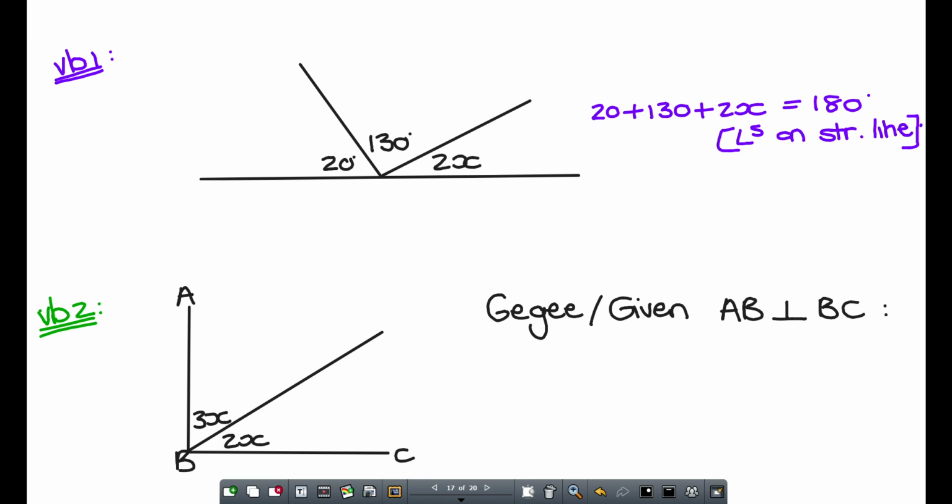So, are you guys all good with that's a straight line, meaning all of these angles will be equal to 180 if I add them up together. Okay, so that's why I have 20 plus 130 plus 2x is equal to 180. And then my reason should be next to that, but I don't have space.